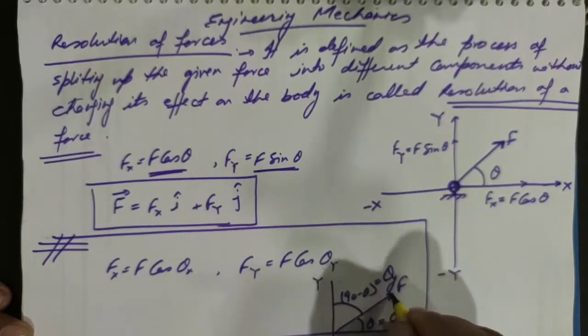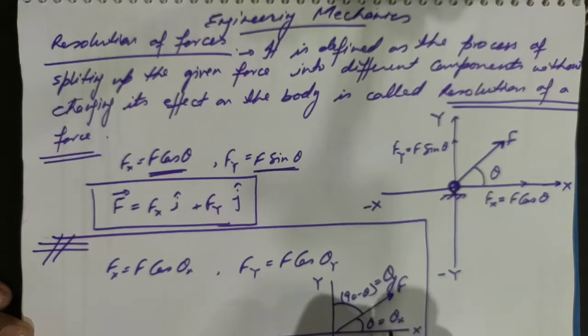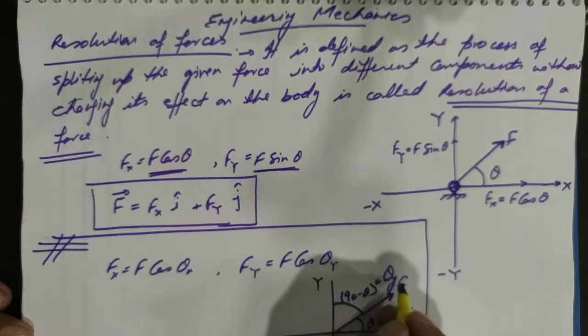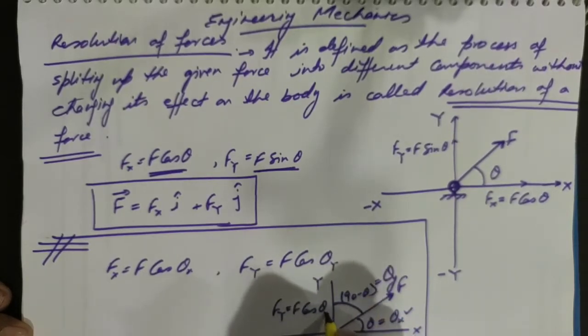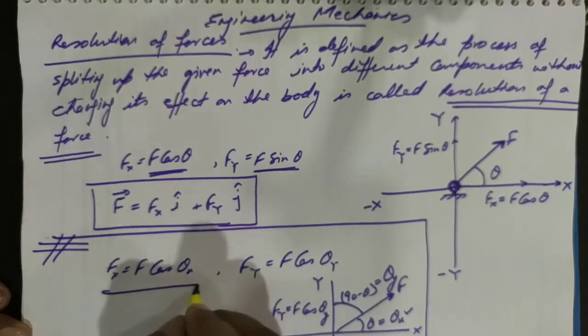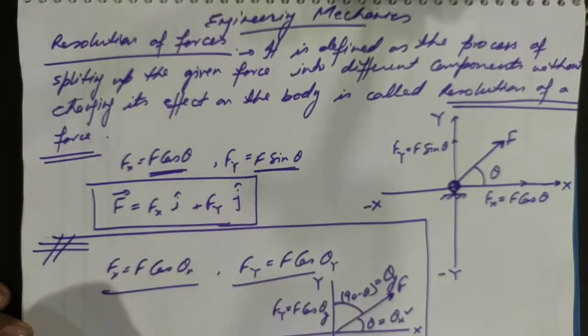See, the force F is there along the x-axis. From the reference angle theta x, Fx will be equal to F cos theta x, and since we took the reference angle from the vertical axis, Fy will be F cos theta y.